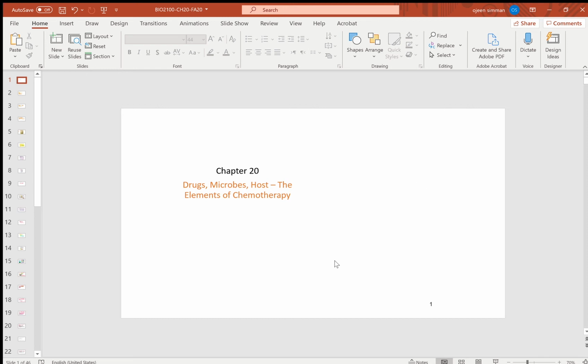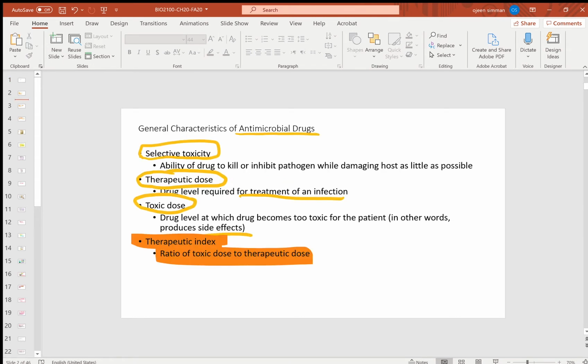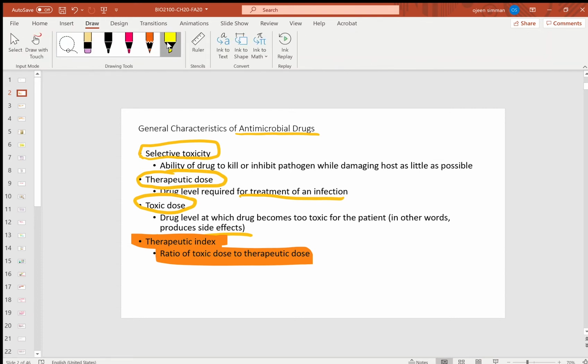So antibiotics, let's start with this. First of all, some general terms about antibiotics or antimicrobials. Some general important terms.